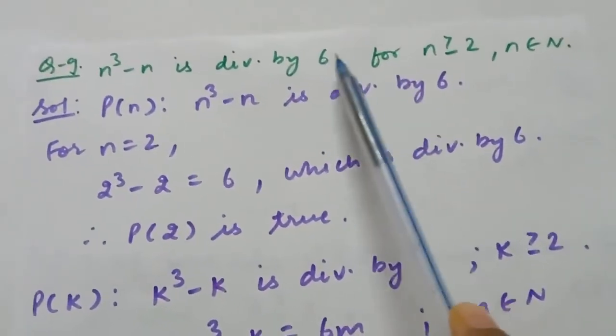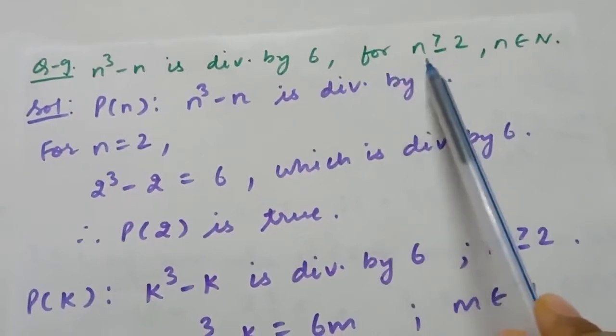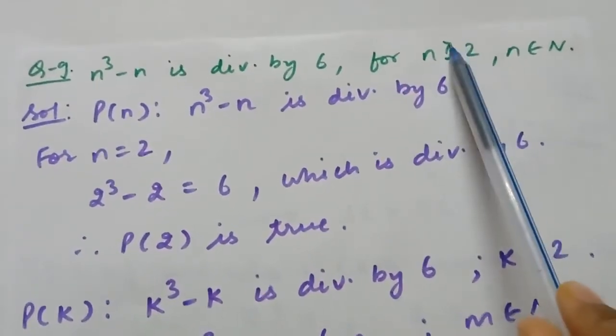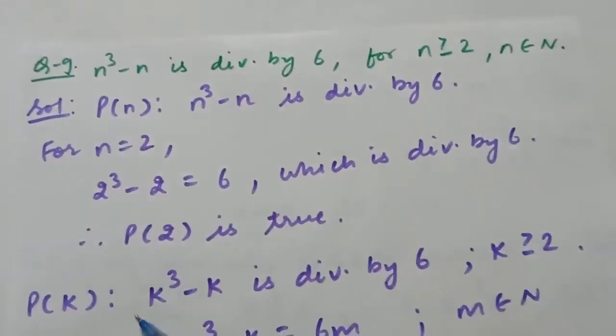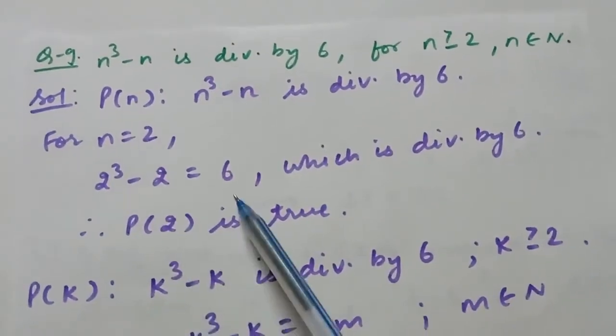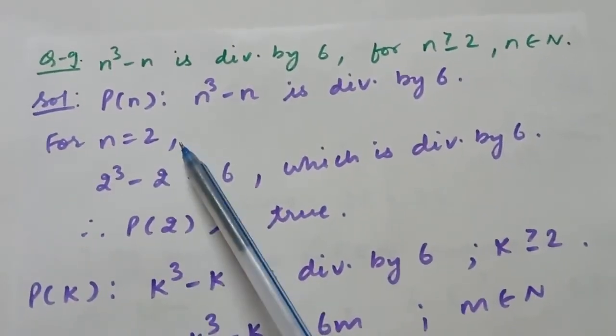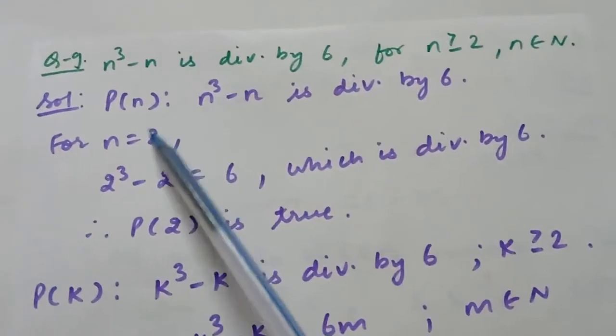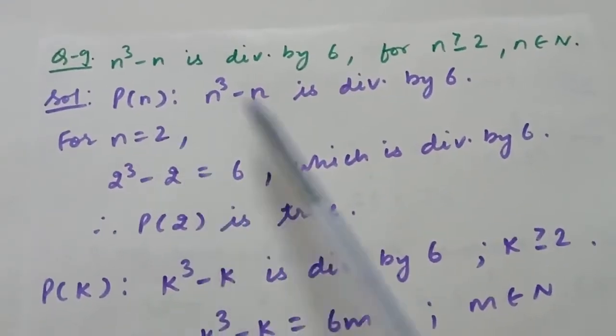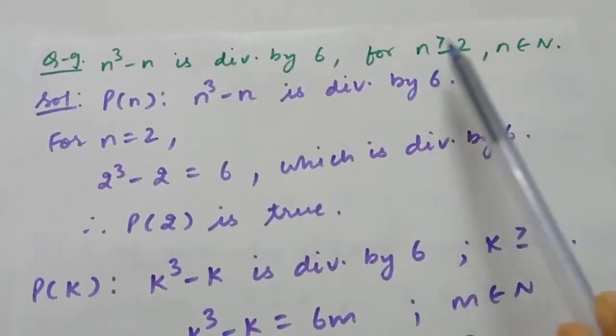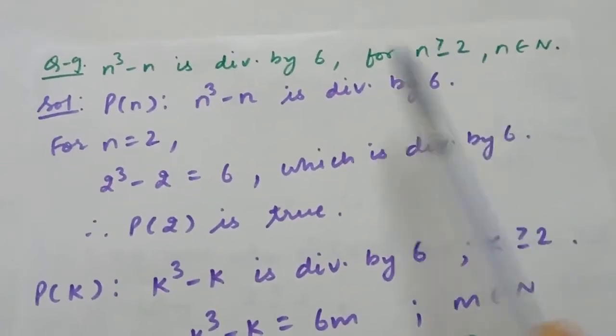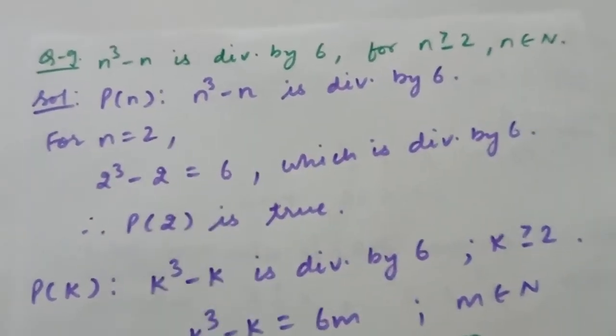Therefore they have given to prove the statement for n equal to 2 or greater than 2. So the steps will remain the same, but earlier we checked it at n equal to 1. Now the value of n starts from 2, so we will check it for n equal to 2, right?